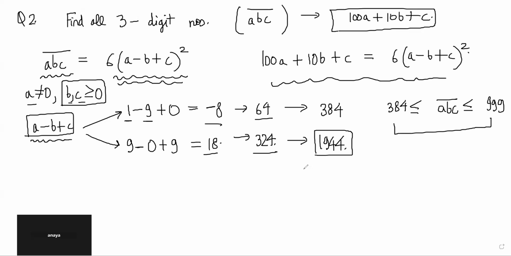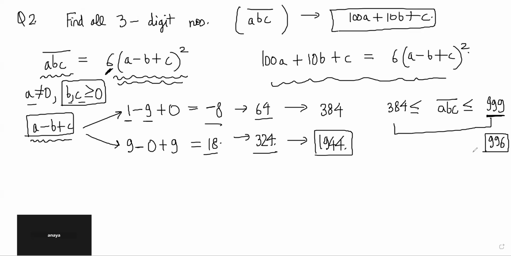Then what else can we think about here? One thing we know is that our number has to be divisible by 6 also. 384 clearly is divisible by 6. The highest number divisible by 6 would be 960 and 36, so 996.